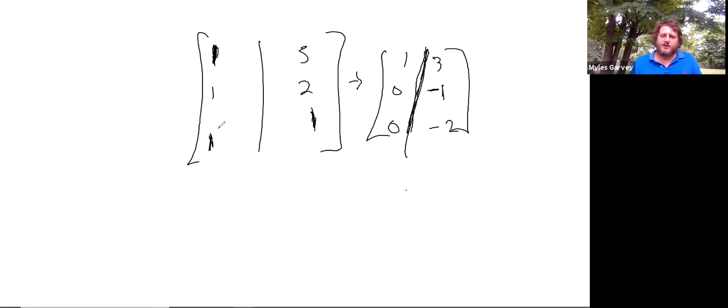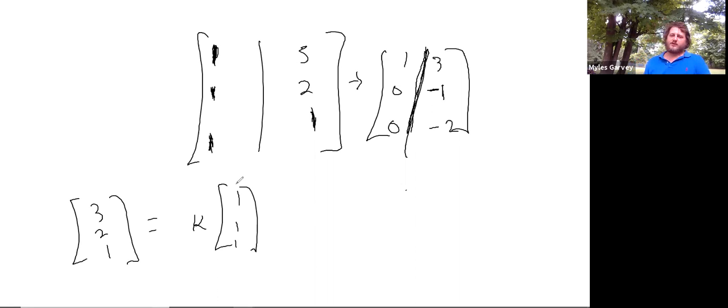In order for me to write, even though I did the Gauss-Jordan elimination here, in order for me to write that in terms of that, I need the following. I need k times this to be equal to this, okay?